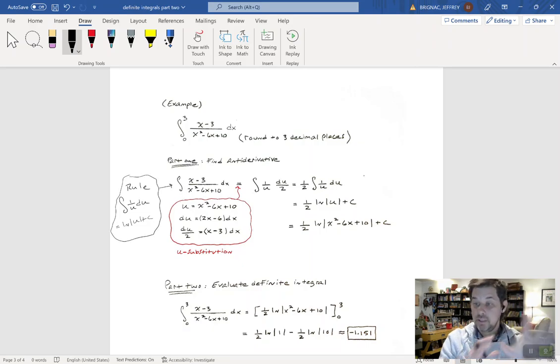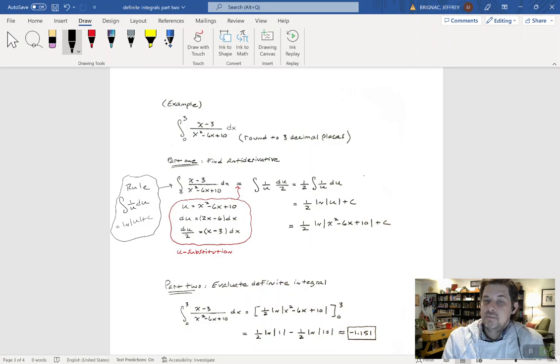I don't know until I go through and put everything into it. If this is the rule that applies, that bottom part is u, x squared minus 6x plus 10. That would make the du, what's the derivative of x squared minus 6x plus 10? That would be 2x minus 6 dx. Now, the objective is to substitute the u and the du in there without anything left over.